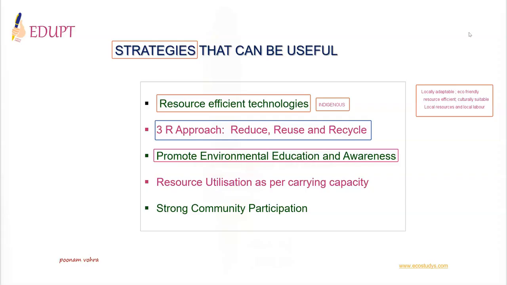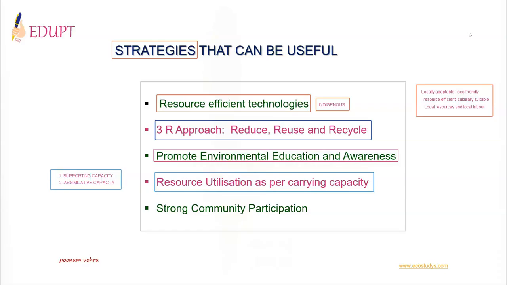Fourth, to have resource utilization as per the carrying capacity. It means sustainability depends upon the carrying capacity of the system. Carrying capacity has two components. One, supporting capacity, that is capacity to regenerate, and two, assimilative capacity, that is capacity to tolerate different stresses.